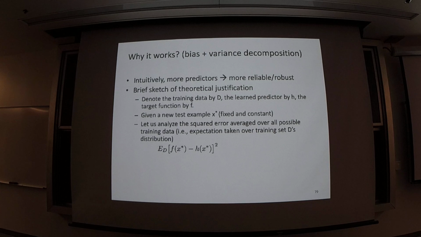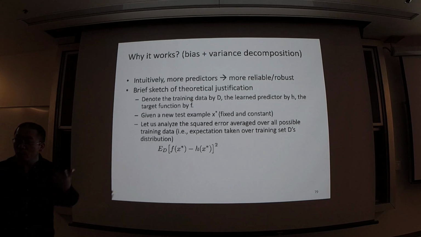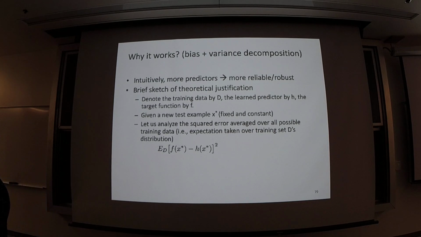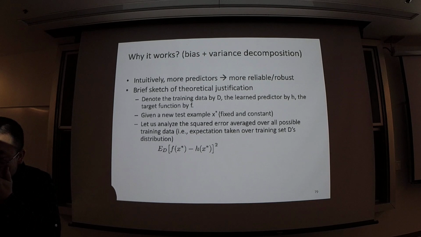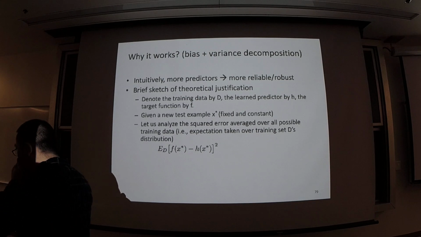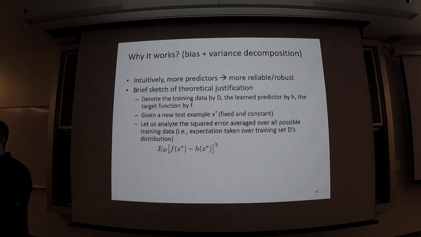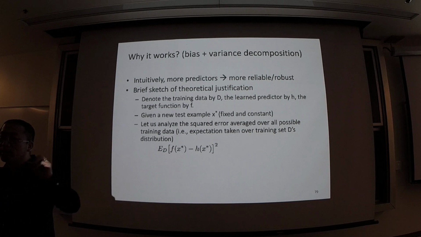We briefly mentioned intuitively why it works. Let me first give you a general idea, and then we'll give some justification in a more rigorous framework. In the bagging framework, we encourage you to use complicated classifiers.